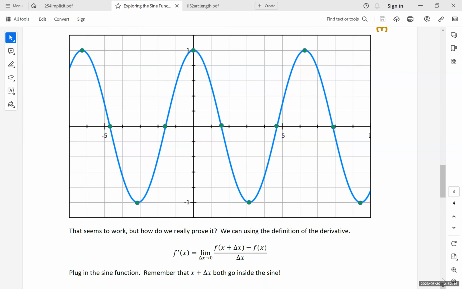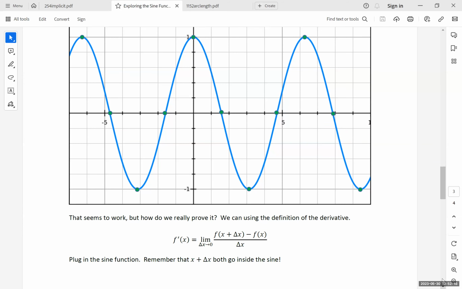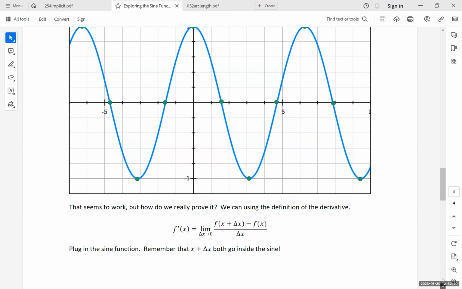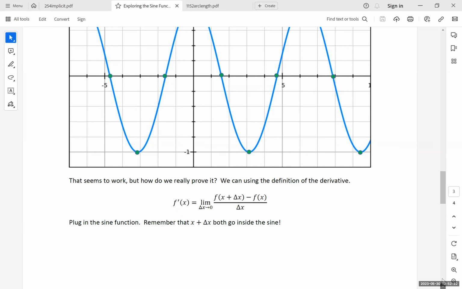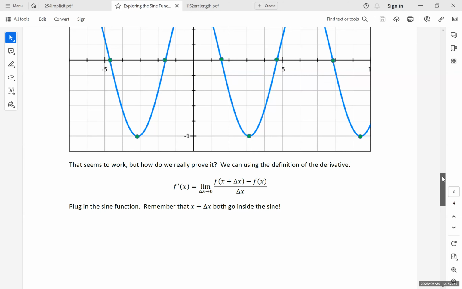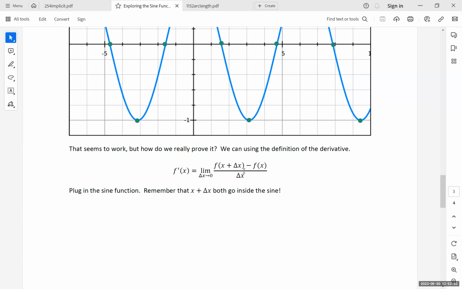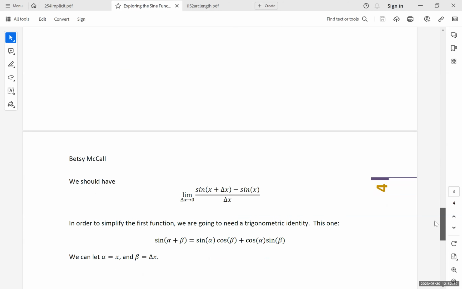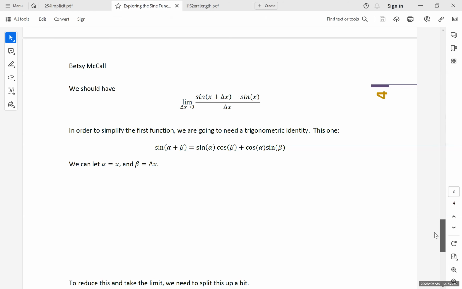Now, that's not really a proof, but conceptually, you can see where this seems to be going. And so we can use the definition of the derivative to try to prove mathematically, algebraically, that this is in fact the case. We're using our definition of the derivative here, and we're going to substitute and do a little bit of algebra.